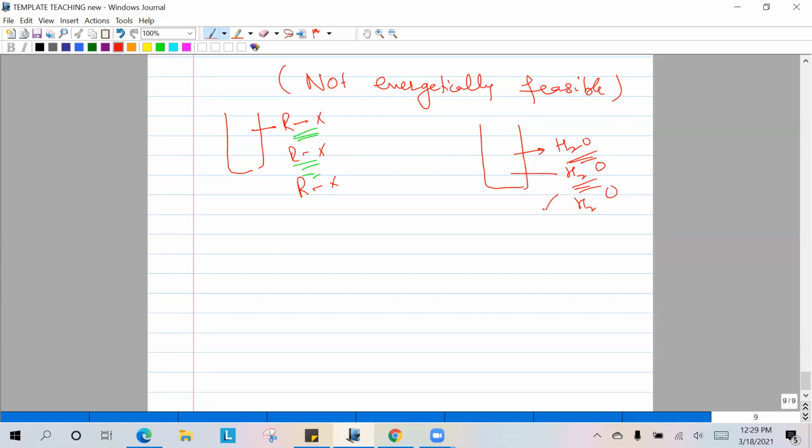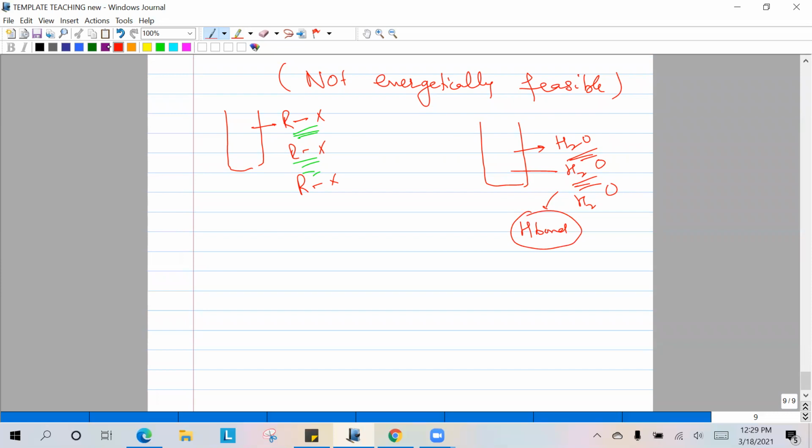We know that this is a hydrogen bond, which is a strong intermolecular force. Now, when you mix these two together in one test tube, you will have the Rx and the water, so they will have some interaction between them.